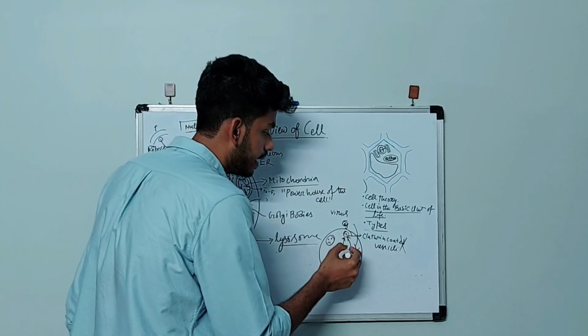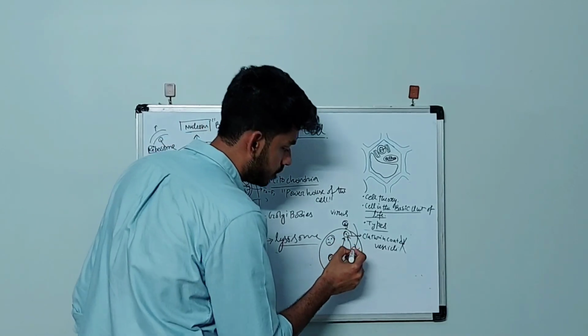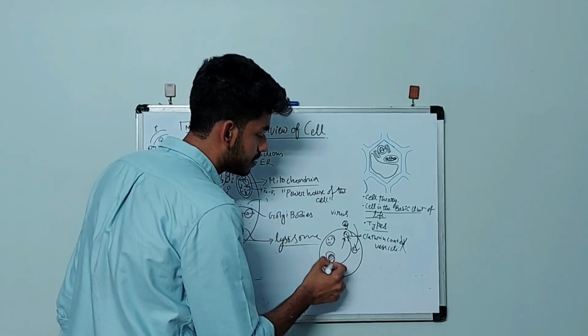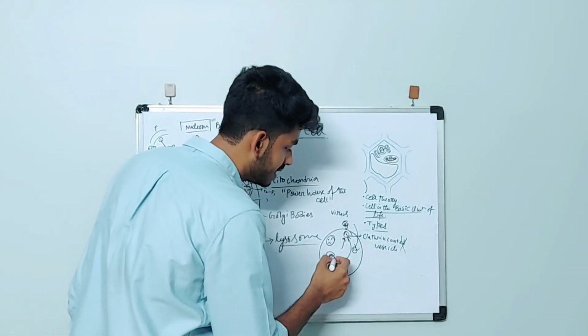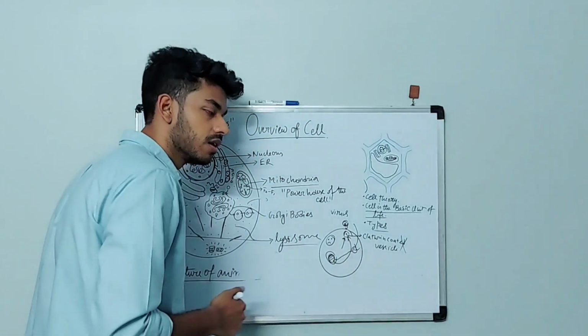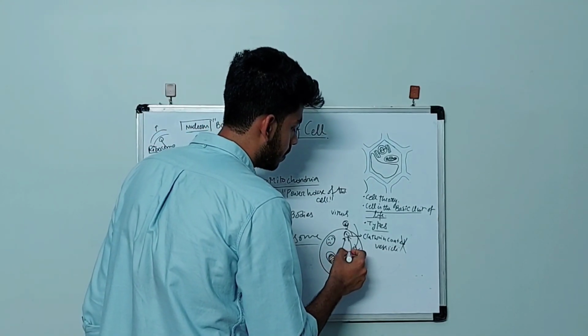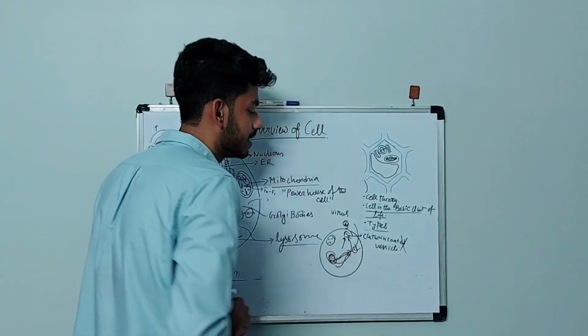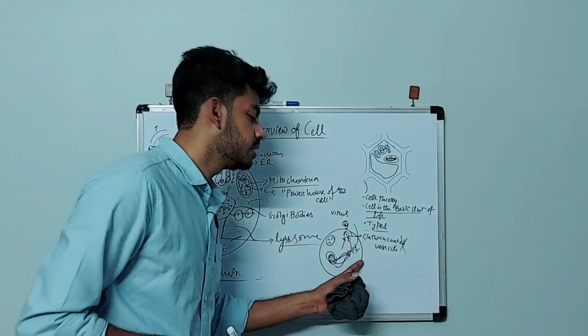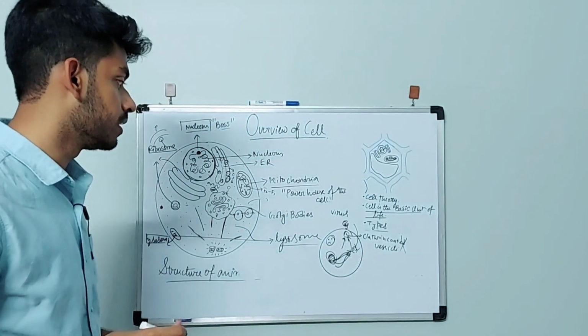The DNA is in a vesicle, and the lysosome is also in a vesicle. These two vesicles fuse with each other, and the fusion leads to the expulsion of all the enzymes inside the lysosome, which eventually degrades the foreign particle.